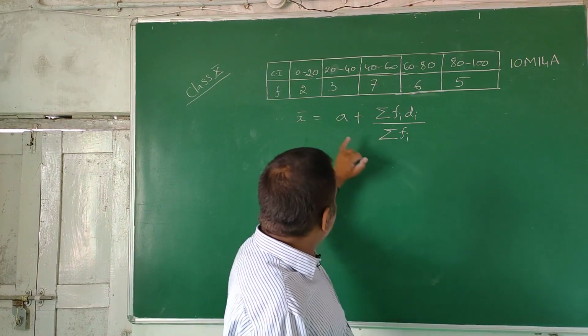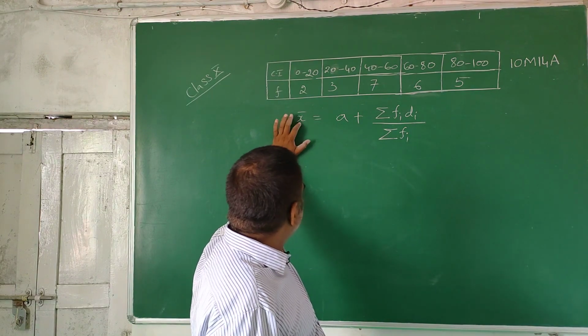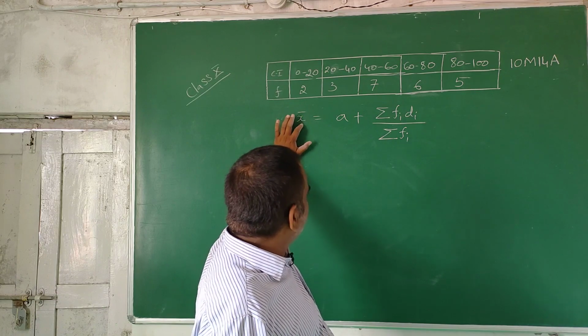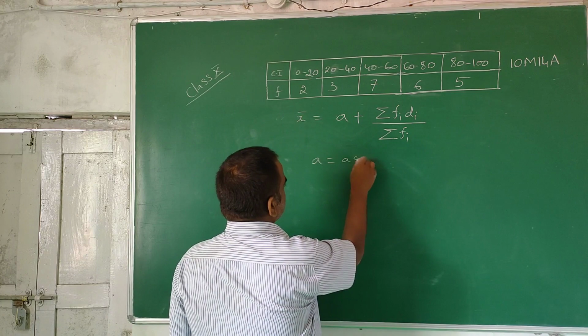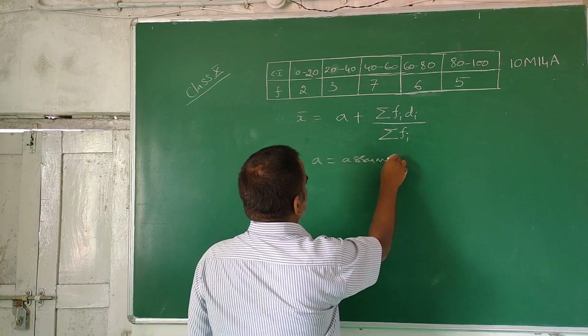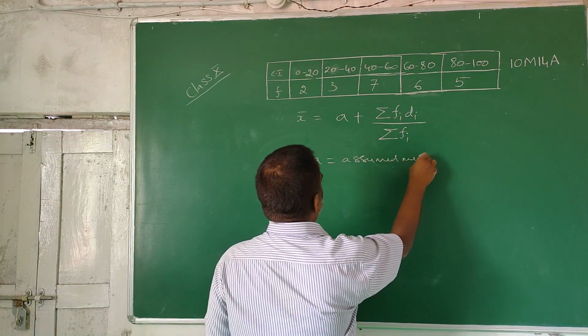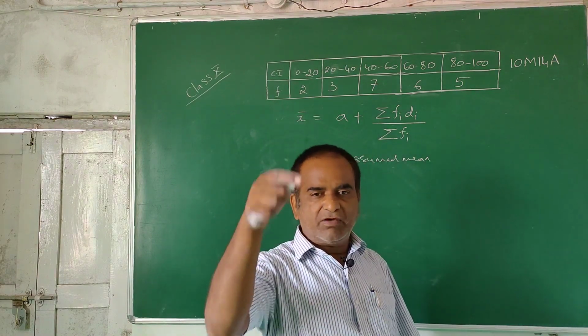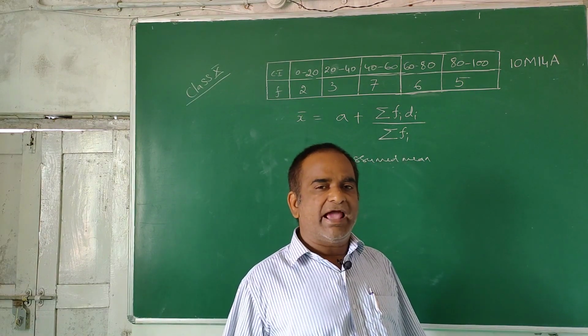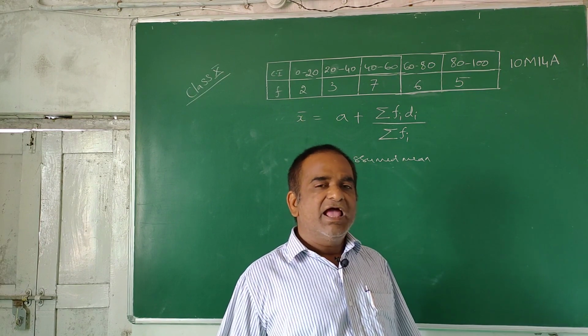Now I will explain the notations. Here x bar is the mean, the arithmetic mean. A is the assumed mean. From the class marks, you have to assume one of the class marks as the assumed mean.